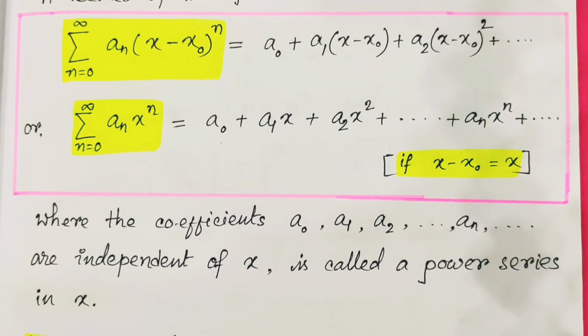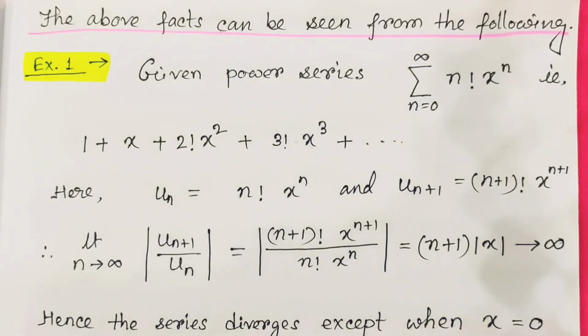Definitely we are going to discuss in detail what the interval of convergence and radius of convergence are. So we will find 4 facts: when x is equal to 0, when for no other values the series is convergent, when for all values the series is convergent, and when for some certain values of x the series is convergent.